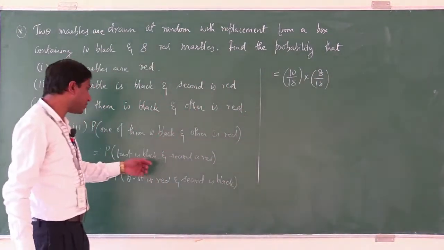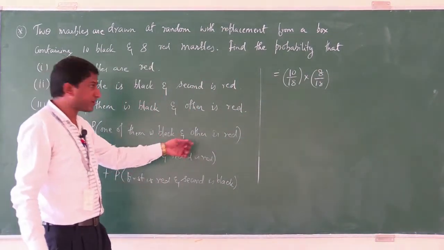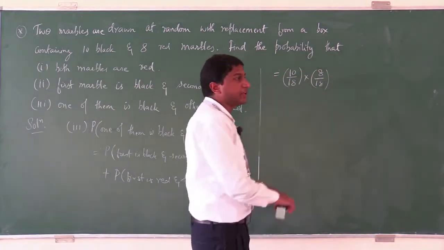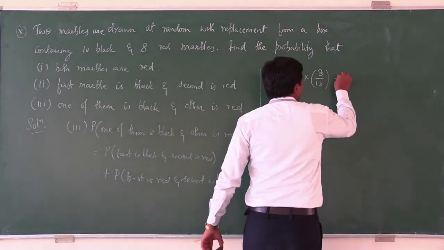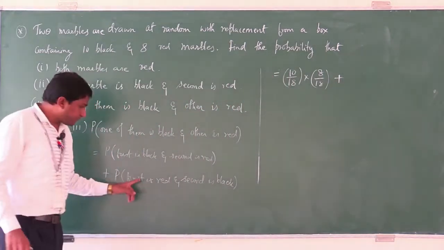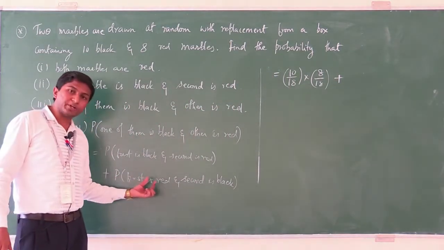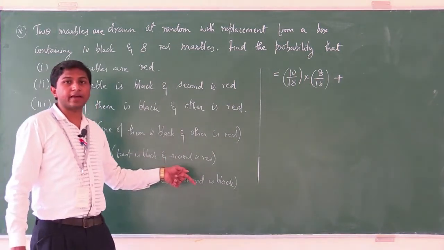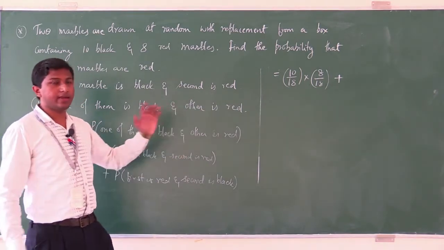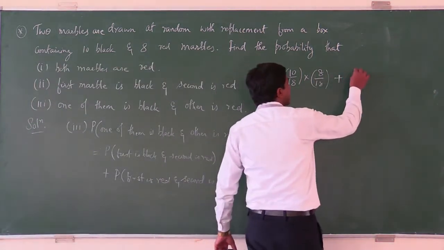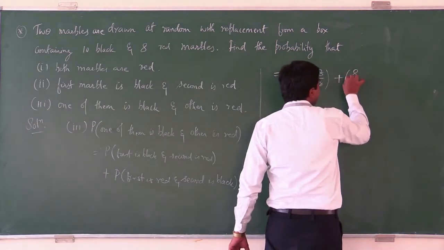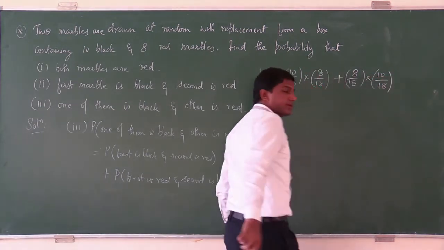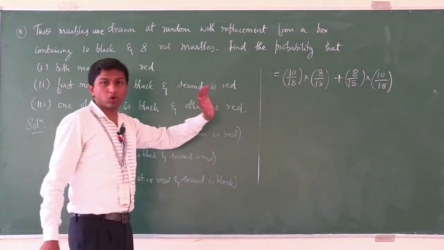So the probability of first black and second red is 10 by 18 into 8 by 18, plus the probability of first being red, which is 8 by 18, second is black, which is 10 by 18. So I can write this as 8 by 18 into 10 by 18.